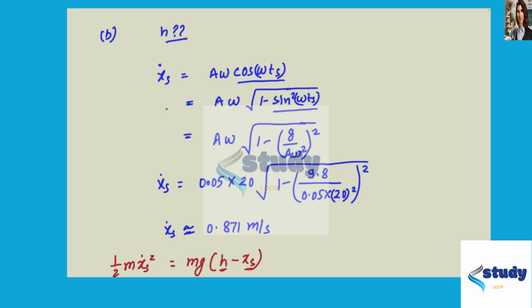So xs from the previous relation is 0.025 meter, plus x dot s, which is 0.871 meter per second, this whole square divided by 2 multiplied by g, which is 9.81. After solving, the height h will be equal to 0.013 meter, which can be taken as nearly 1.3 centimeter. So this will be the answer for part B of the problem. Okay, thank you.